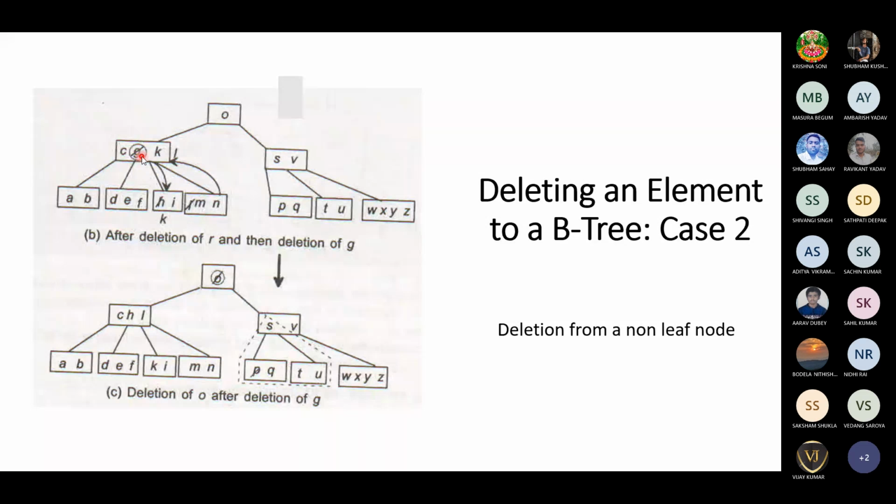By deleting G, ideally the rightmost node's left child should replace G, and H will replace it first. H will come as a parent node, but I will be left alone. In order to bring a balance, the rightmost child again has more than m by 2 minus 1 values. So we will push L into the parent node, K into the left child.